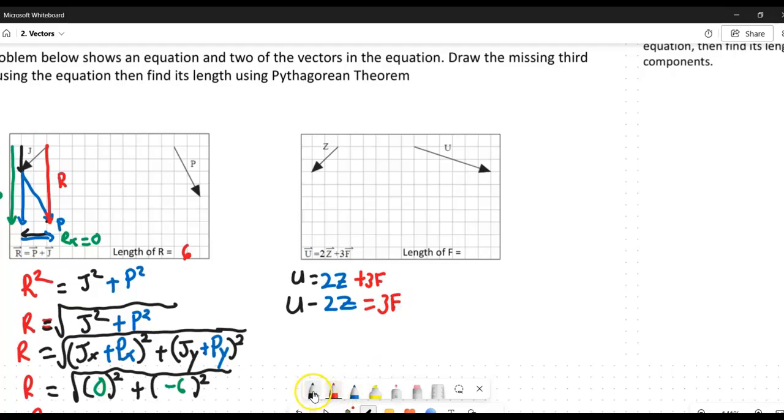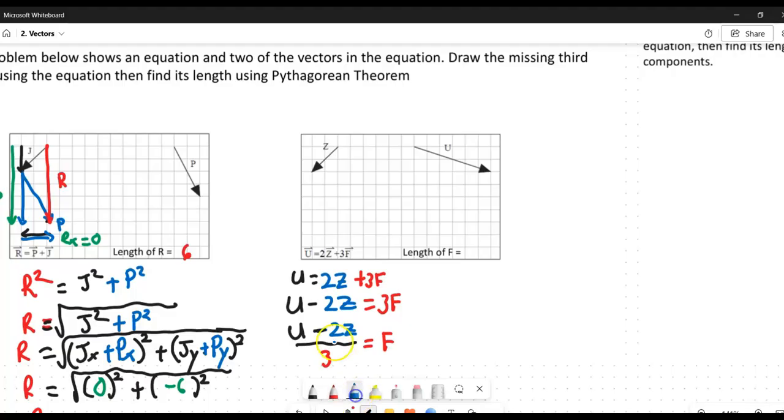Now to solve for f individually, it is going to be u minus 2z, and we're going to have to divide that by 3, which is going to be equal to f.